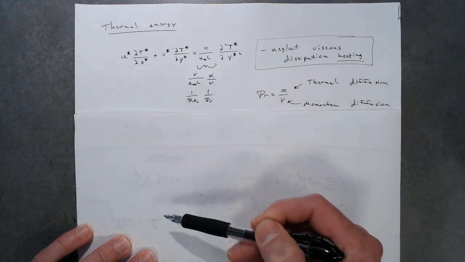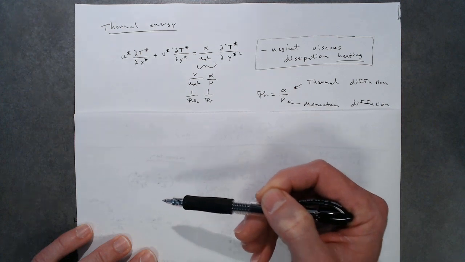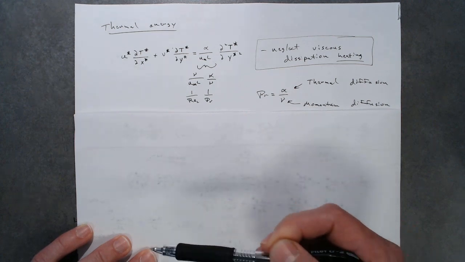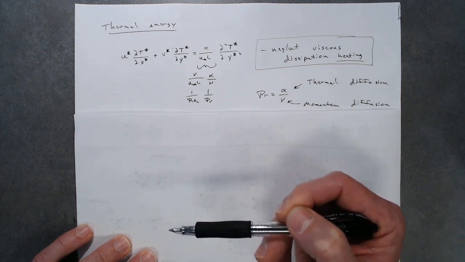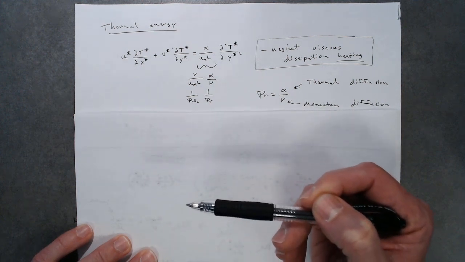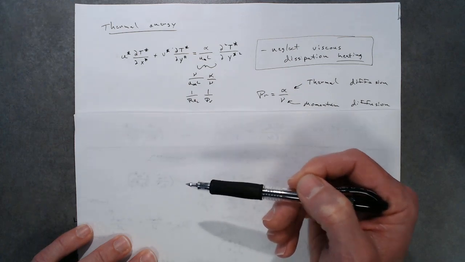But we remember what we were talking about on the last page, that this kinematic viscosity gave us a proportionality between the gradient in momentum and the momentum flux.